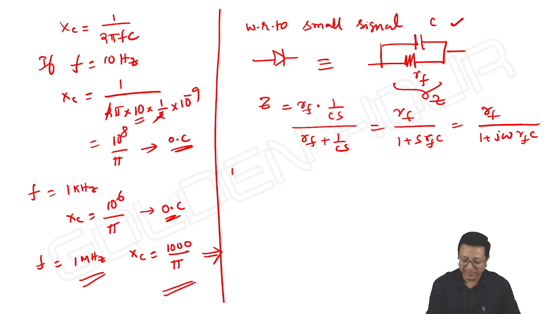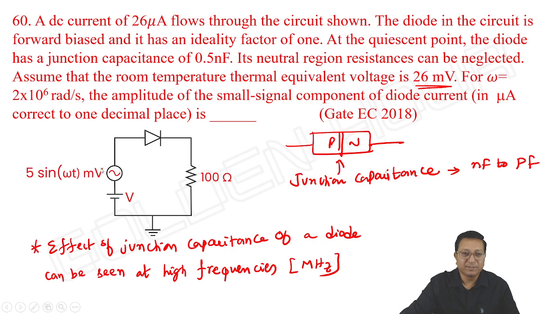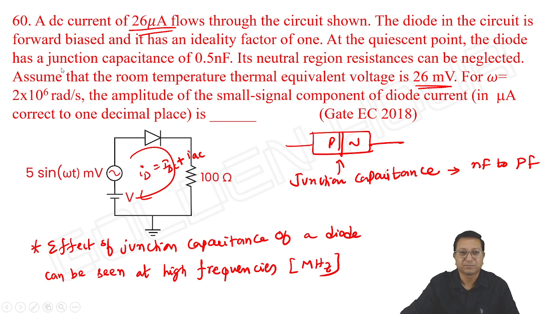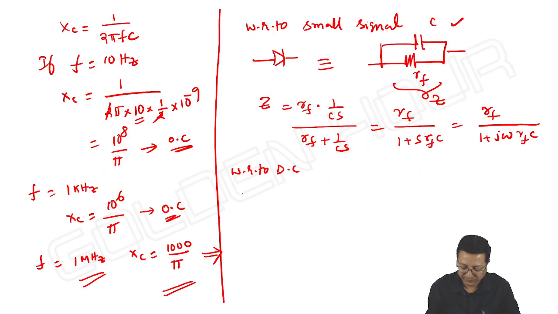Let us take the circuit with respect to DC. Right. Even without writing, they gave the DC current value 26 microampere. If I take this current as I suffix D, which is IDC plus IAC, IDC is 26 microampere. RF, I can write directly.